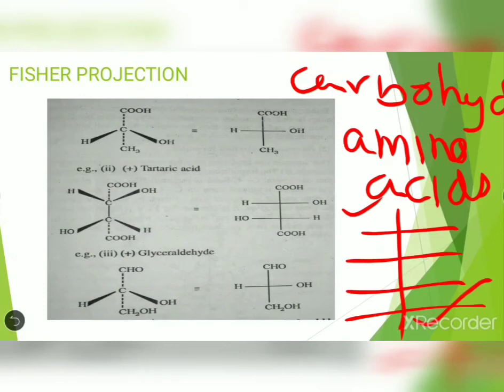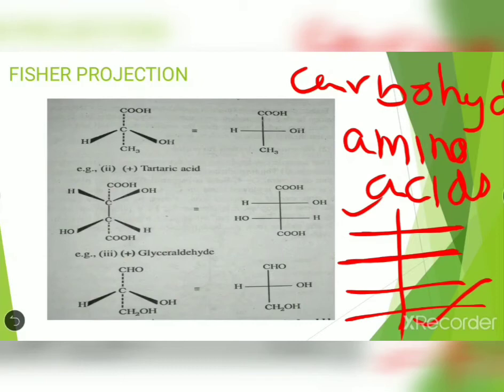The central carbon-carbon bond is on the plane of paper. The horizontal line represents the carbon atom that is usually the stereogenic center.